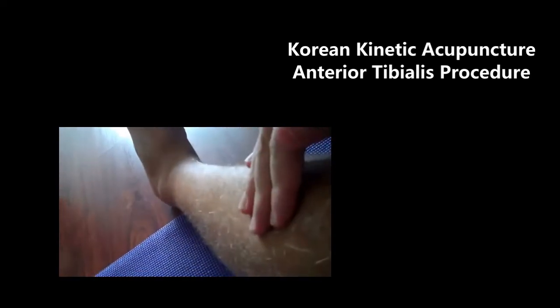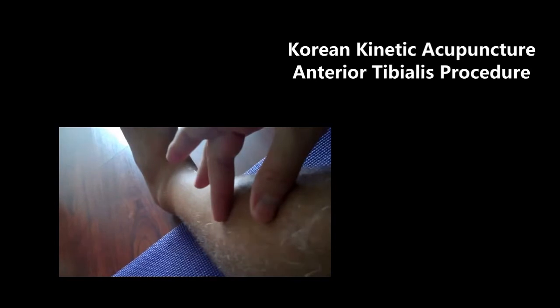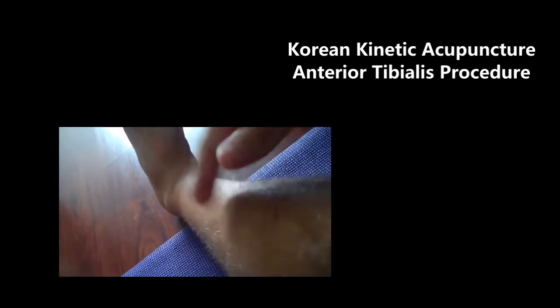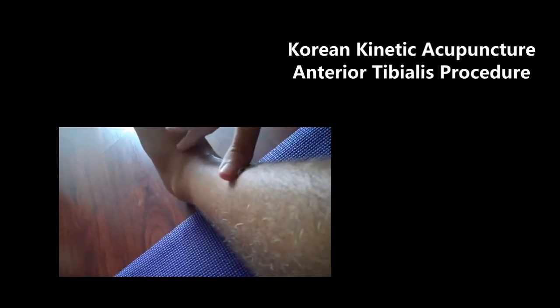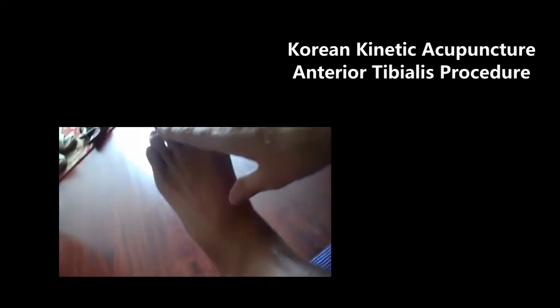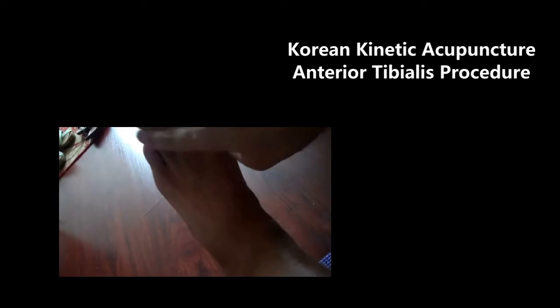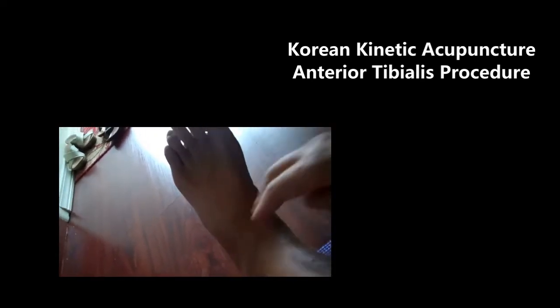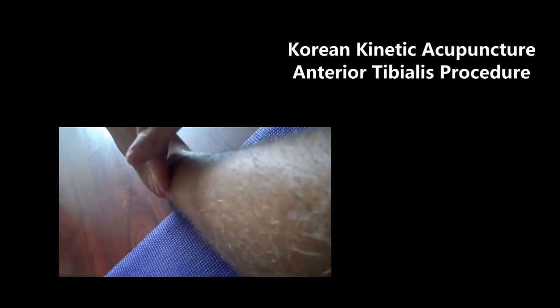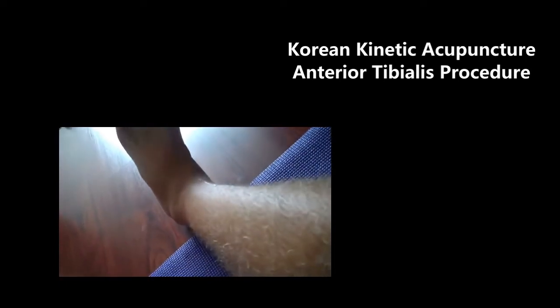This part of the muscle is short with knots, and it's causing these tendons to stretch and pull on the tendons here. So in order to get rid of the pain here or here or here, we need to stretch this muscle. I'm going to show you how to do that now.